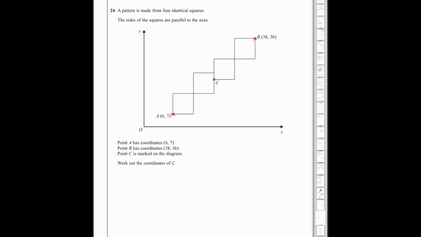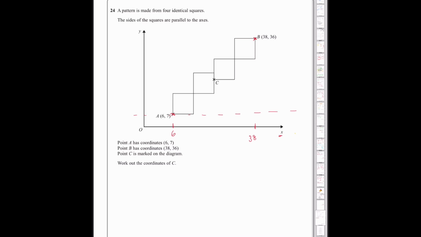Now, first things first, I'm going to try and work out my x-coordinate first. So I'm going to look here. This is 6 and this here is 38, on my x-axis. Think of it going along like that.